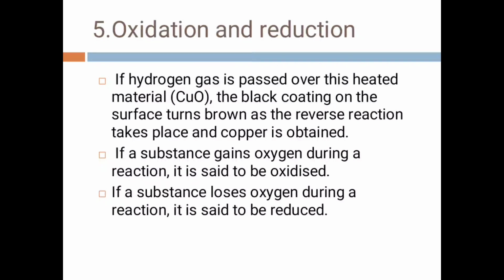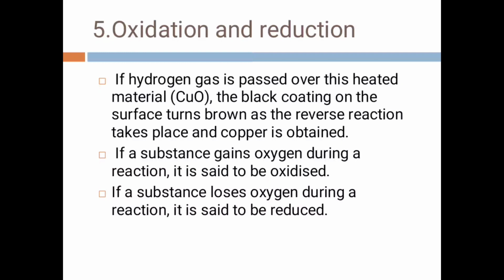It is said to be a reduction reaction taking place when CuO is getting converted into Cu. And H2 is getting converted into H2O, that is, it is gaining oxygen, and hence it is said that an oxidation reaction is taking place.